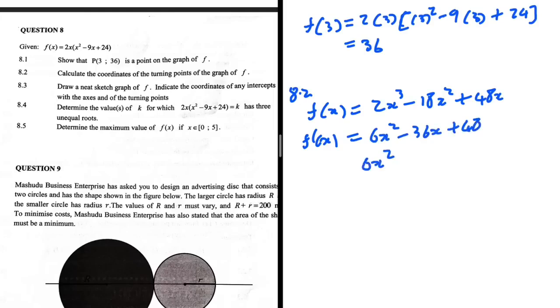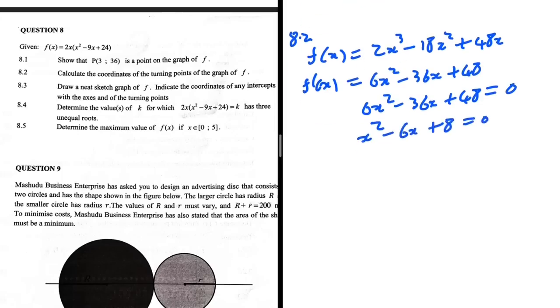And we need to let this be equal to 0 if we want to find the x coordinates of our turning points where the gradient is 0. So we can divide throughout by 6 to make our life simpler. So x squared minus 6x plus 8 should be equal to 0.